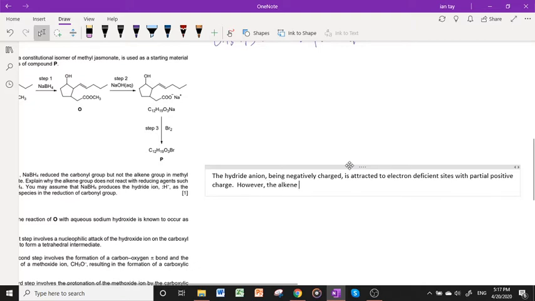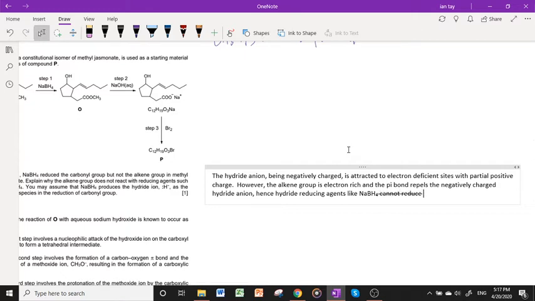However, the alkene group is electron rich, right? We learned that the pi bond repels the negatively charged hydride anion, hence hydride reducing agents like NaBH4 cannot reduce the alkene group.